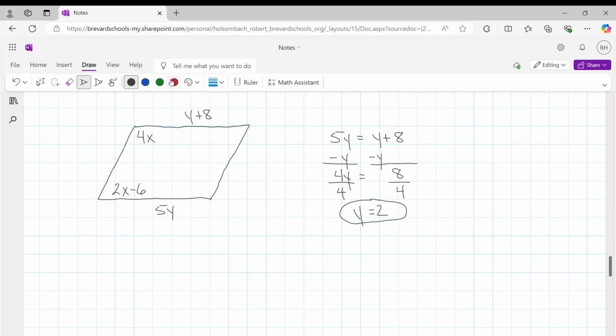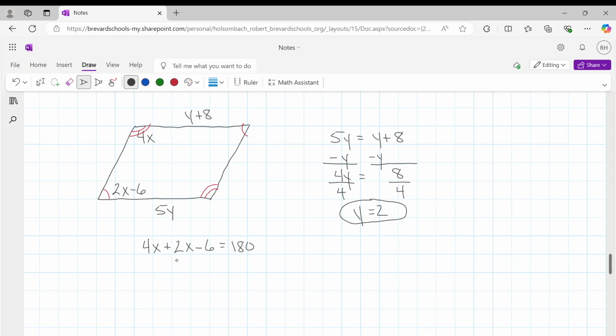Opposite angles are congruent. But when we're solving for x here, we're not dealing with opposite angles. We're dealing with consecutive angles. And yesterday we said that consecutive angles in a parallelogram are supplementary. So this 4x plus the 2x minus 6 is equal to 180. Consecutive angles are supplementary. They sum to 180. So once we set this up, we combine like terms here.